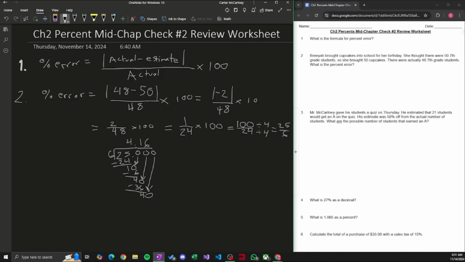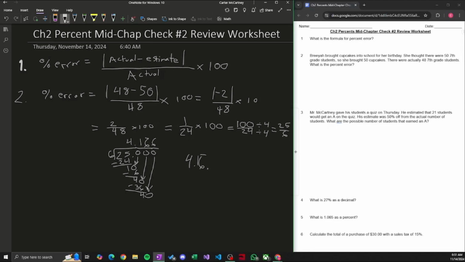It's getting really behind. It's kind of laggy now. 6 goes into 40 6 times. We can subtract 36 again, but we notice a pattern. There's a 40, and we keep multiplying into it 6 times. So we can stop and say that this 6 is repeating. So 4.16 repeating.